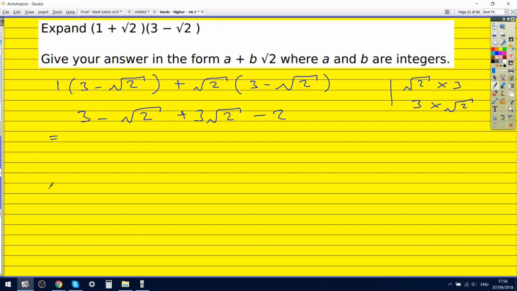So you can just move them around. 3 minus 2 plus 3 root 2 minus 1 root 2. So simplify. Three minus 2 is 1. Add 3 is 4. 3 root 2 minus 1 root 2.